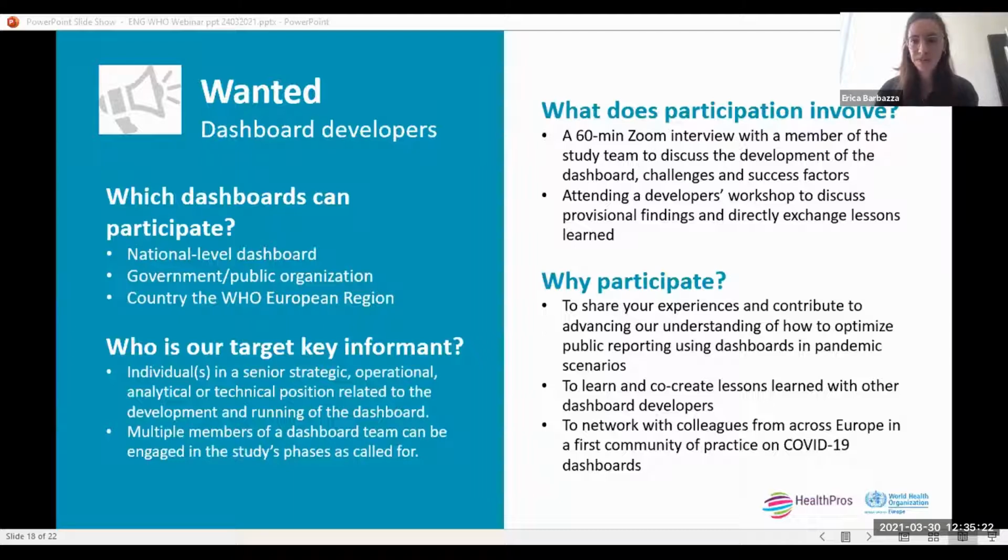We really hope that all dashboards that participate in the interviews will also contribute to the workshops. And through the process, of course, we're co-creating and developing the lessons learned from this process. We do also hope that dashboard developers can benefit from the resulting network of colleagues across Europe to share and continue to collaborate with as well.